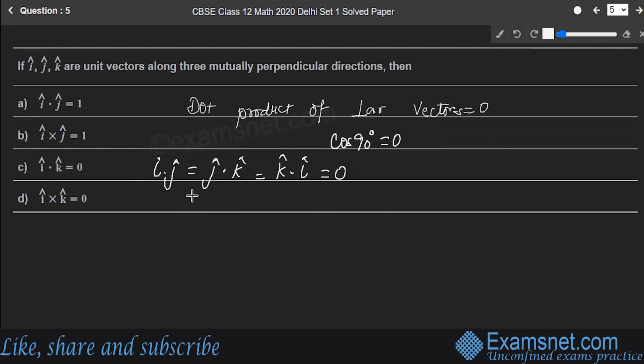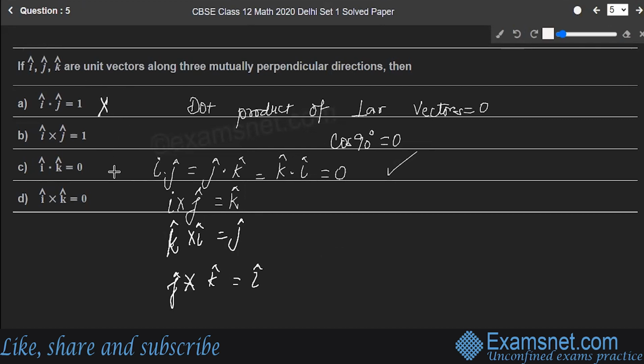And also one thing, the dot product of all the three, mutually, is equal to 0. If I talk about the cross product, i cross j is equal to k vector, k cross i is equal to j vector, and similarly, j cross k is equal to i vector.